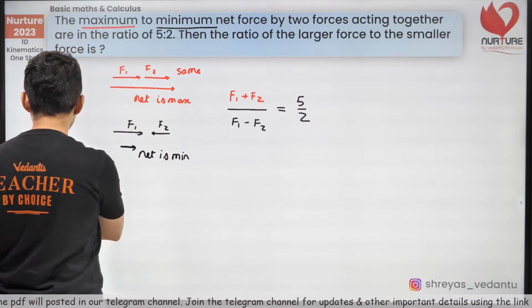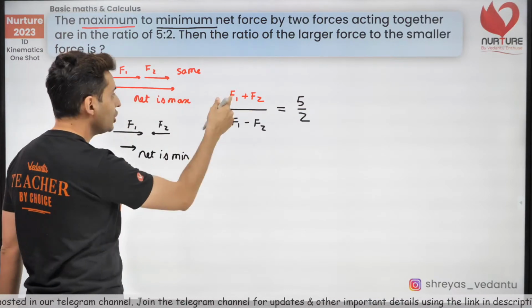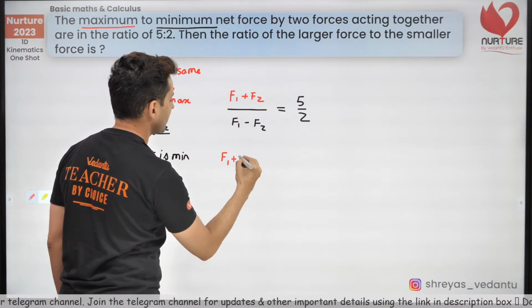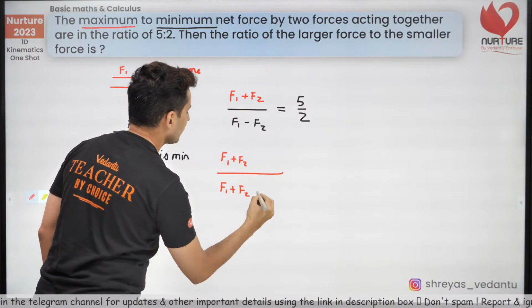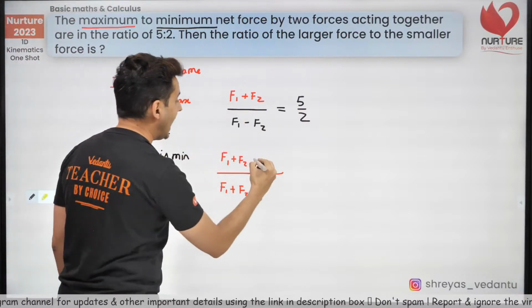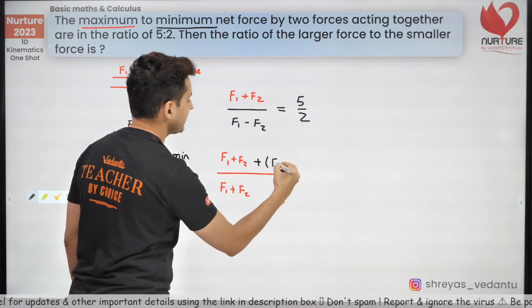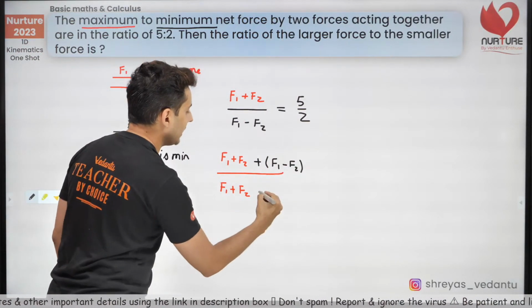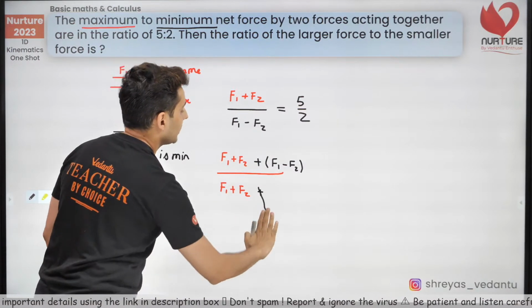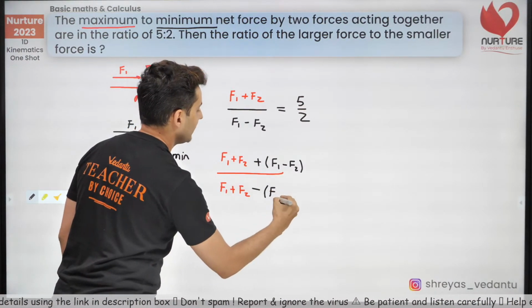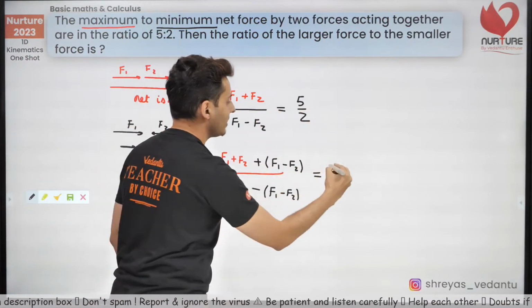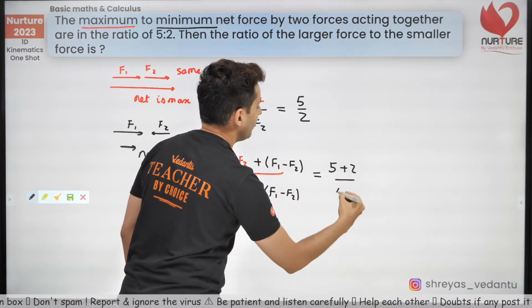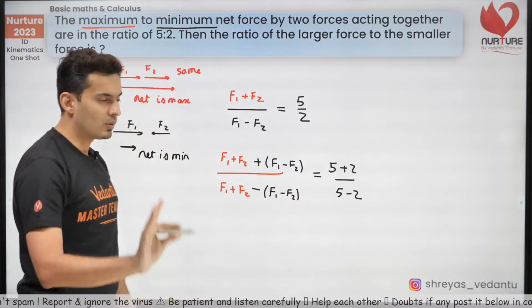So all you need to do is, look at this numerator, F1 plus F2. On the top, add the denominator, F1 minus F2. Below, subtract it. Not plus, it's minus. So it is F1 minus F2's subtraction. The same thing here: 5 plus 2 upon 5 minus 2. That's what you need to do.